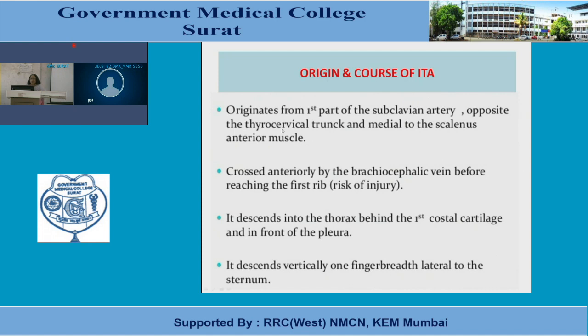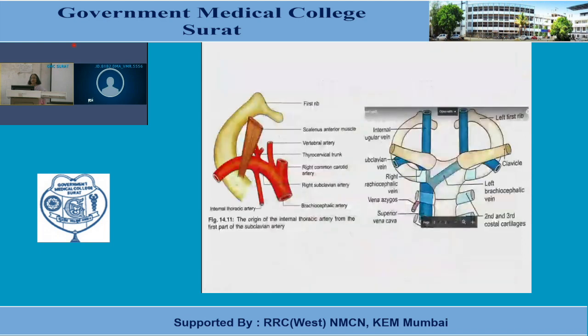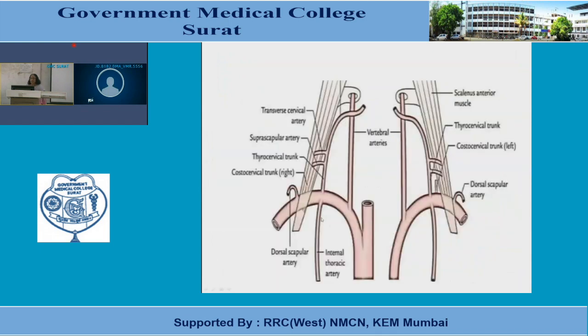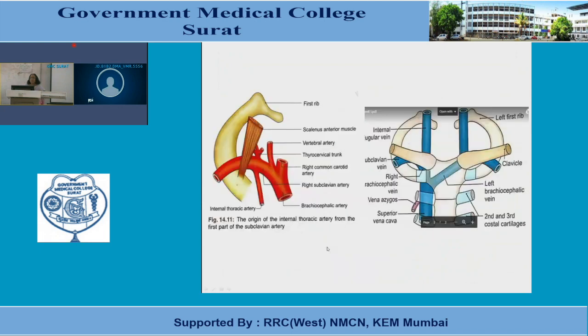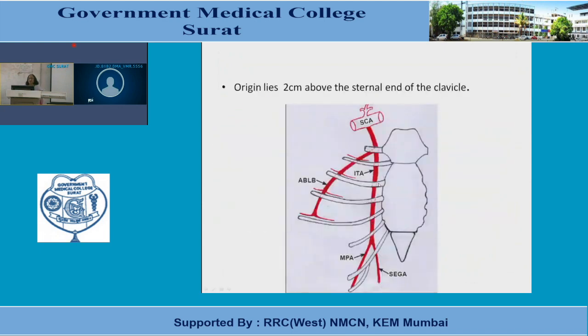Now it descends vertically, one finger breadth lateral to the sternum. Here you can see the sternum, and in the given diagram also the internal thoracic artery. You can see it running a finger breadth lateral to the sternum. The sternum is the anterior chest bone, and the artery originates 2 cm above the sternal end of the clavicle.